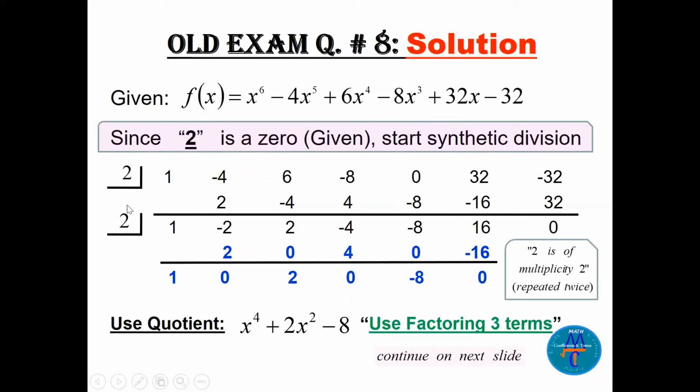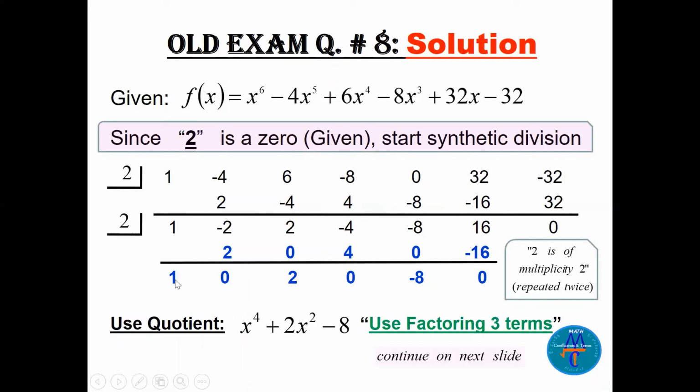Then I divide by 2 again, because if there is a 0, maybe, not for sure, it is repeated. Now 1 goes down here, 1, 2, 0, and then 2 times 0 is 0, that's 2. So 1, 0, 2, 0, -8, the remainder 0. Yes, 2 is a 0 of multiplicity 2.